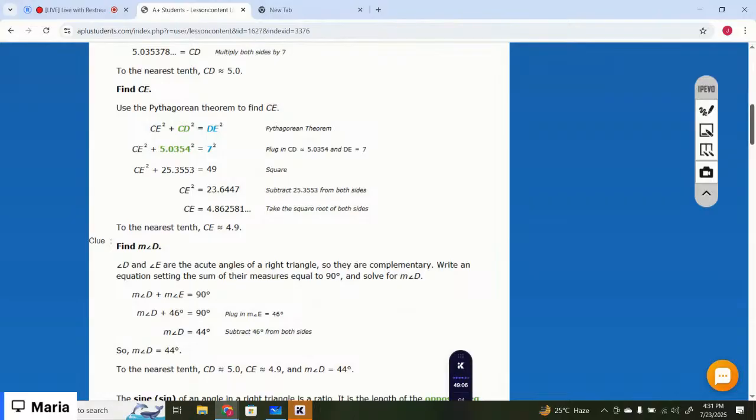Now we can find the angle D. So angle D plus angle E equals 90 degrees. So angle D is 44 degrees.